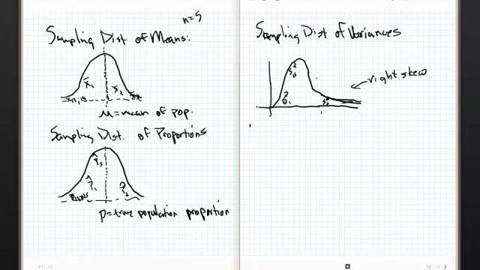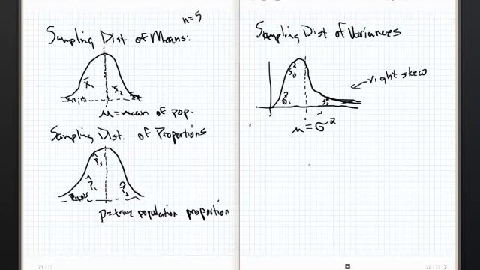There's going to be a whole boatload of them. The average is going to be a little bit to the right of the mode because it's getting sucked over here by the tail. The mean of this distribution is actually the variance of the population.